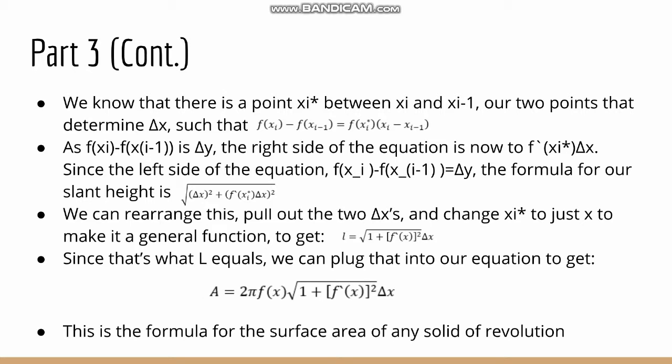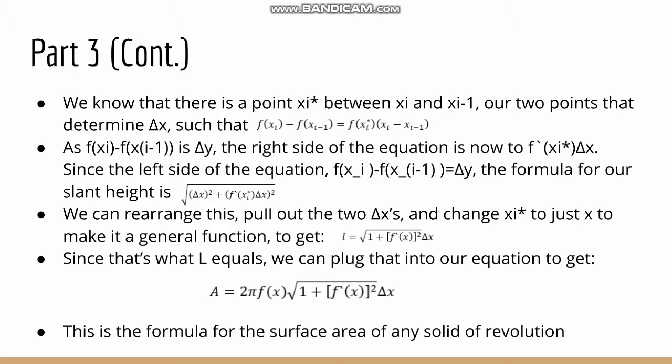So we can plug what delta y equals into the Pythagorean theorem equation that we just got, to get the root of delta x squared plus the derivative squared times delta x squared. We can rearrange this and pull out the square root of delta x squared to get just delta x, and change the xi star to just x to make it a general function, and we get L equals root of 1 plus the derivative of x squared, times delta x.